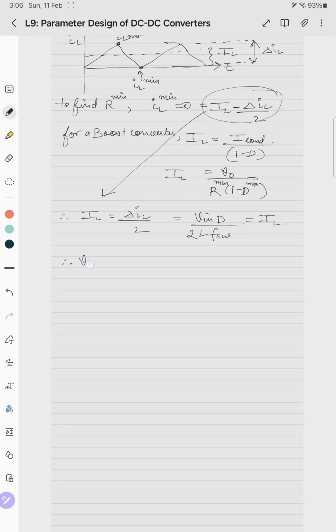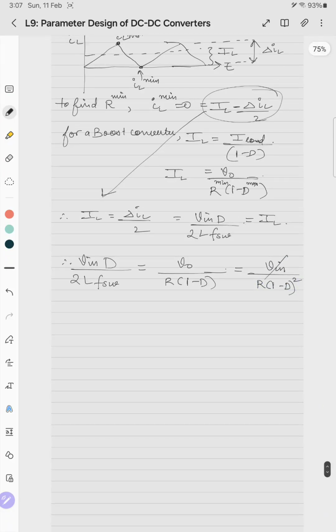So therefore V in into D, let's at the last substitute D as D max, R as R minimum, that later we can substitute. As of now we'll just put 2L into F switching becomes equals to V0 by R into 1 minus D. So again you can write V0 as V in by 1 minus D. So this V in gets cancelled with this V in.